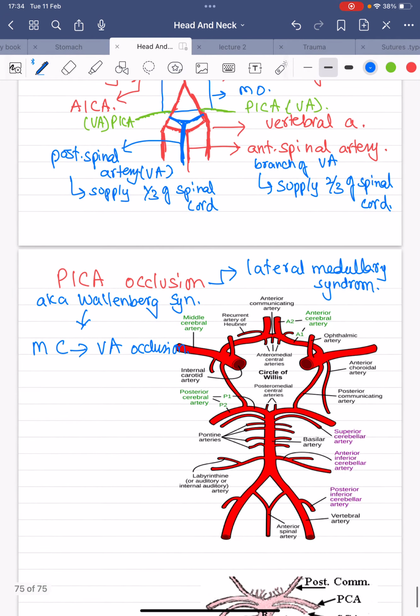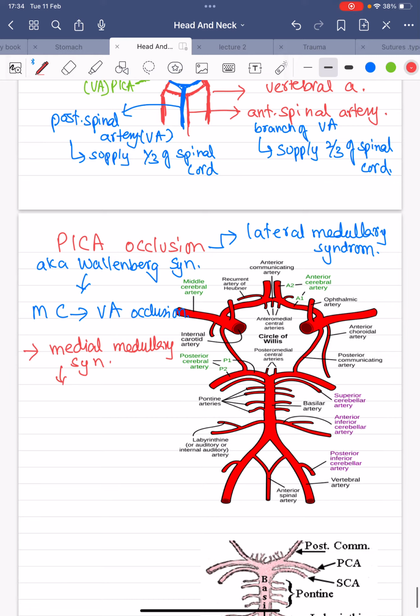Okay, and please remember another MCQ: medial medullary syndrome is due to the occlusion of the anterior spinal artery.